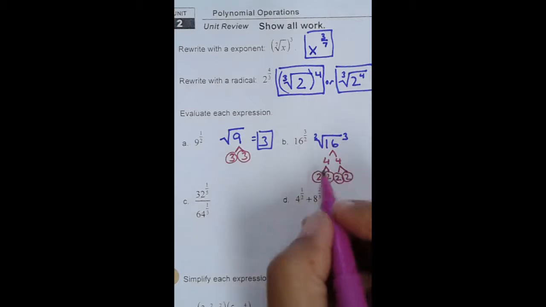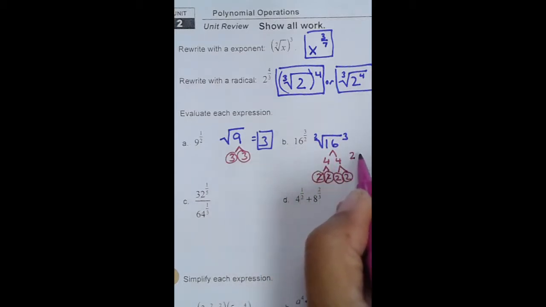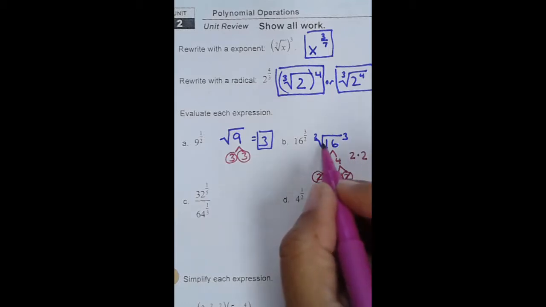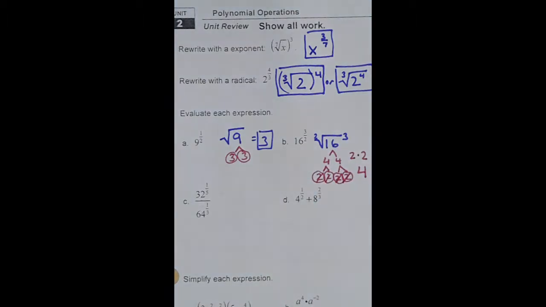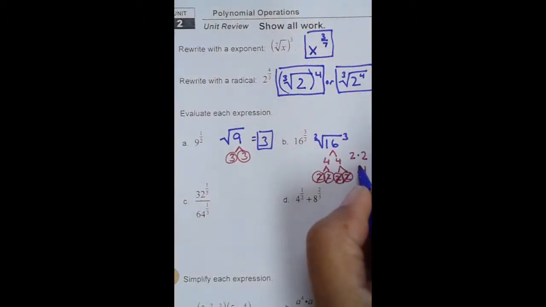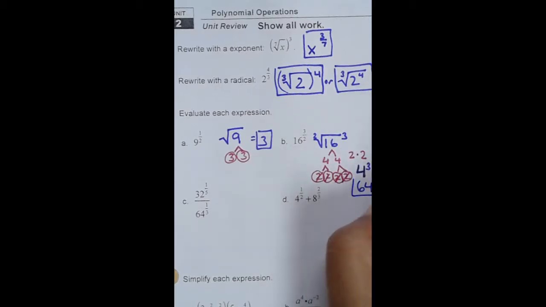So you're looking for 2 of a kind, so I have two 2's here, that's a set of 2, and I have another set of 2, you always multiply them together, 2 times 2 is 4, but you're not done yet because we still have this cube, so it's really 4 cubed, that little 3. And 4 times 4 times 4 is 64.